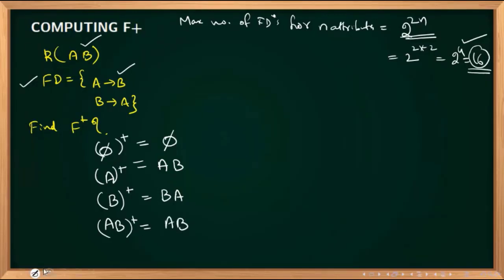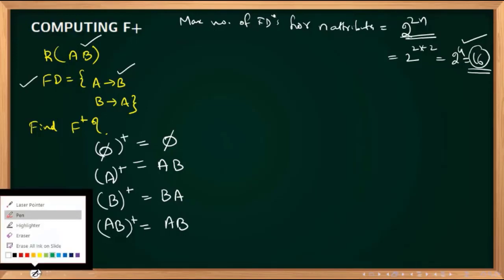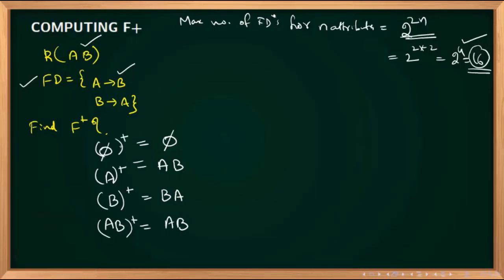What is the meaning of this? The meaning of ∅ closure equal to ∅ is ∅ determines ∅. What is the meaning of A closure equal to AB?